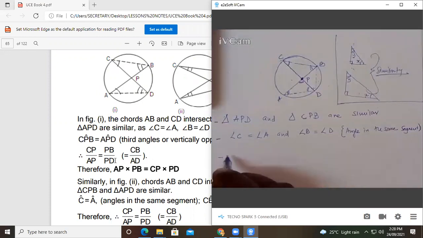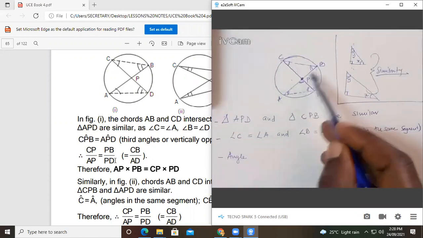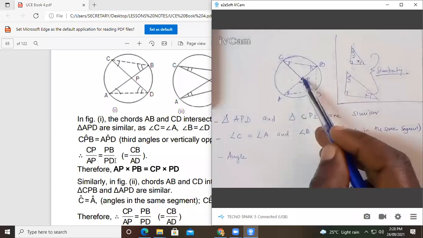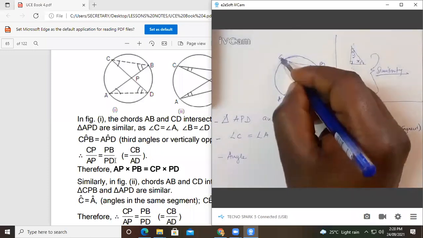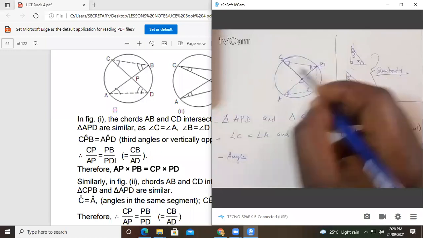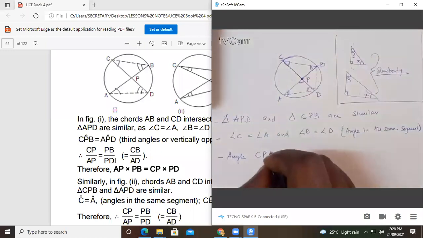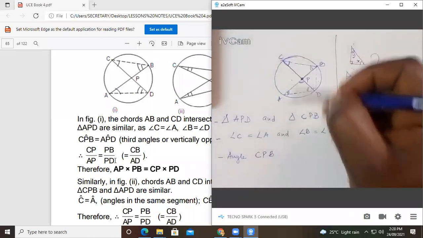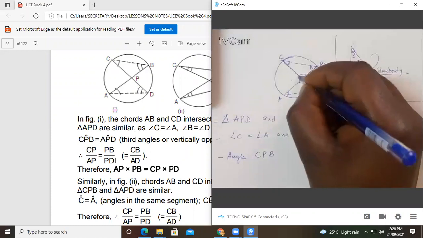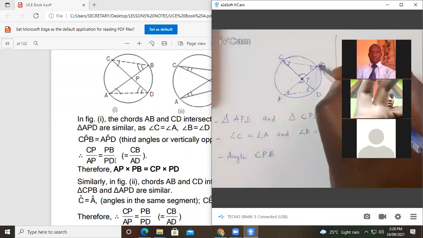Also, what you have to know is that for angle CPB, the letter in the middle is the angle we are talking about. So between this line CP and PB, the angle is here, the angle between CP and PB.